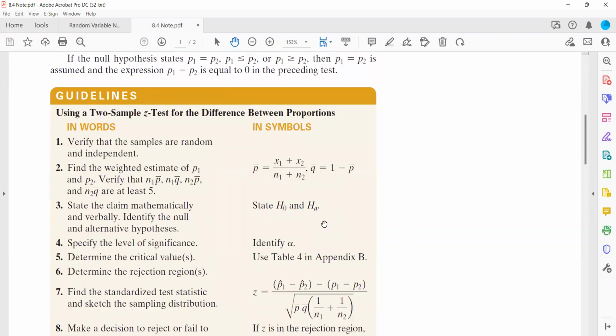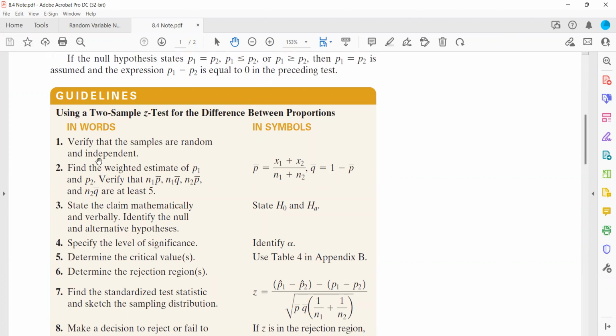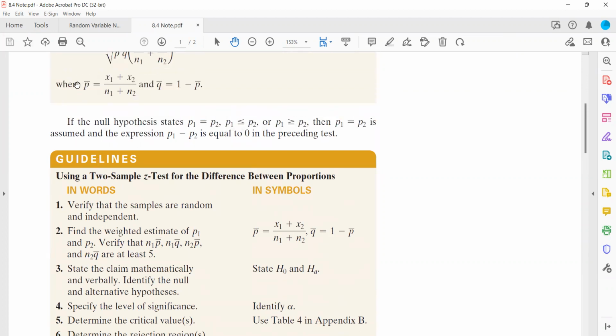What are the steps that we're going to take? First, we're going to check to see if the samples are random and they are independent from each other. Find the weighted estimate of P1 and P2, which is denoted by P bar.